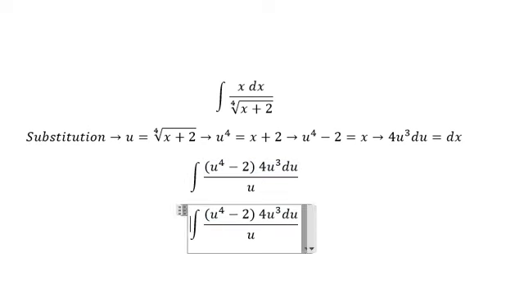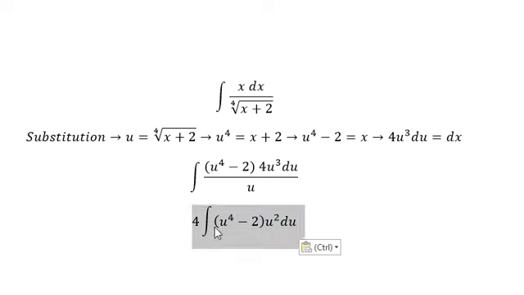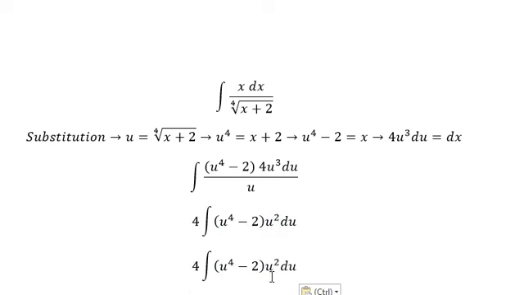Number 4 we put outside. U to the power of 3 divided by u, you got u squared. This one multiplied by u to the power of 4 and number 2.